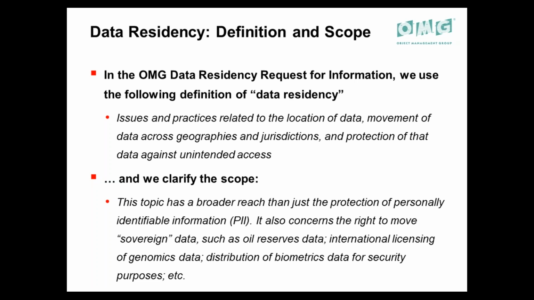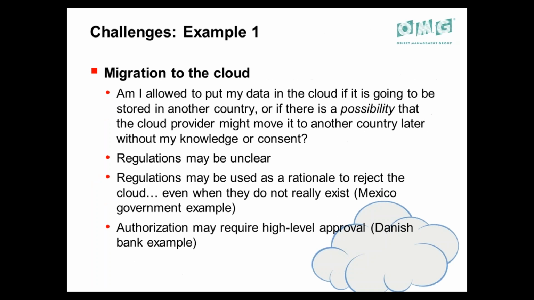It concerns the licensing across borders of sensitive data that contains very specific kinds of intellectual property, such as genomic data, and the distribution of data that is used by law enforcement agencies, especially in the current context of international threats such as terrorism. So if we can have the next slide, Tracy.